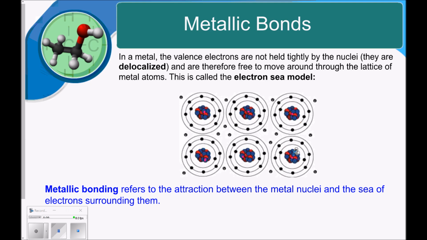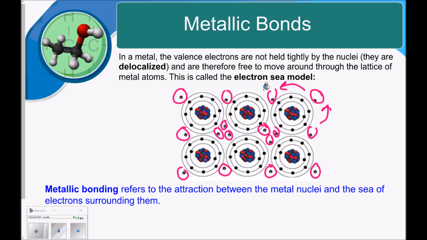It's very unique in the fact that the valence electrons of these atoms are kind of shared among them. These guys are delocalized, meaning they're not held by the atom they belong to. They're free to move around between the different atoms, which causes them to be bonded or associated with each other. So they just move around freely and are shared by these atoms.